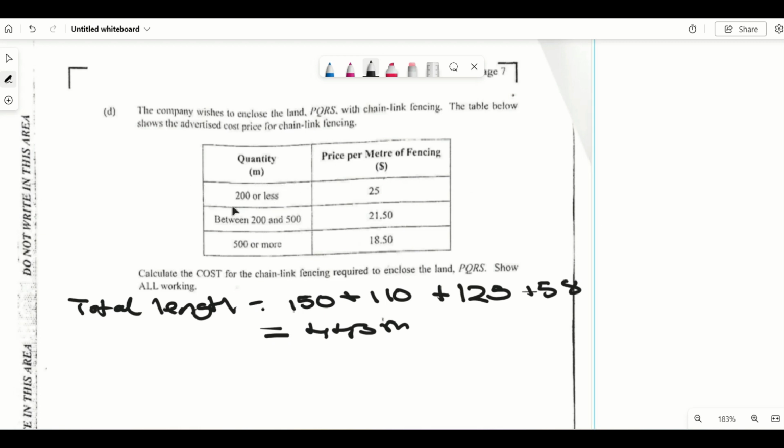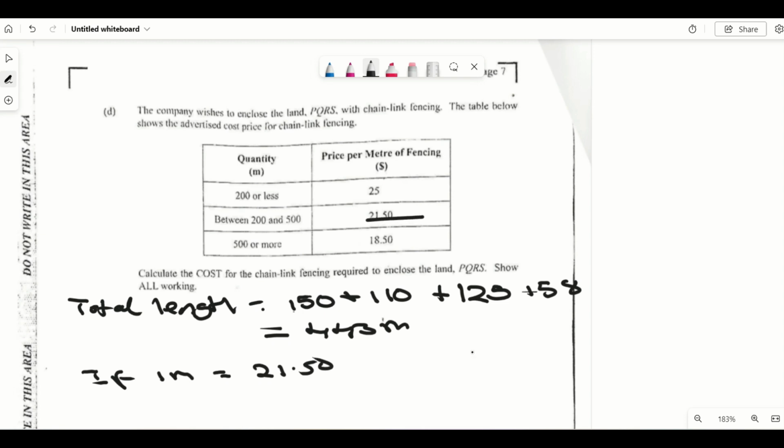Now they ask you between which one. If it is 200 or less meters, you pay 25. But if it is 200 to 500, you pay 21.50. So we know if 1 meter is equal to 21.50, this is the one that we'll be using, the price.